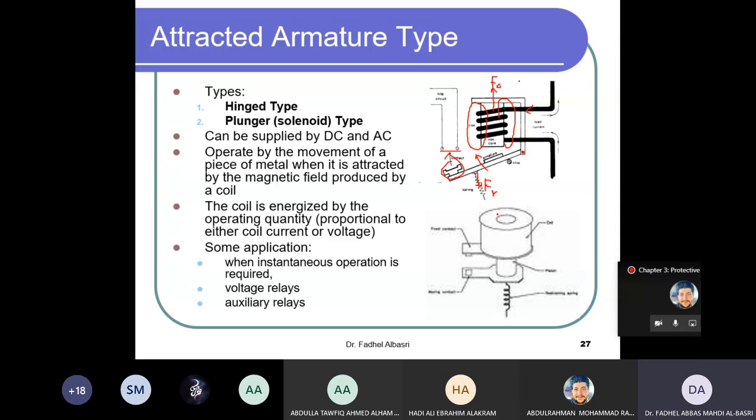This spring is fixed somewhere in the casing of the body. So during normal operating conditions, there should be a current that will make this force. This force is proportional to the current.